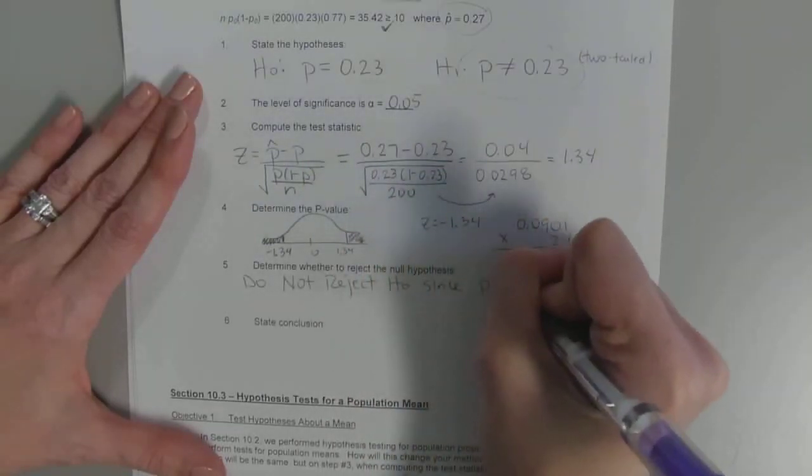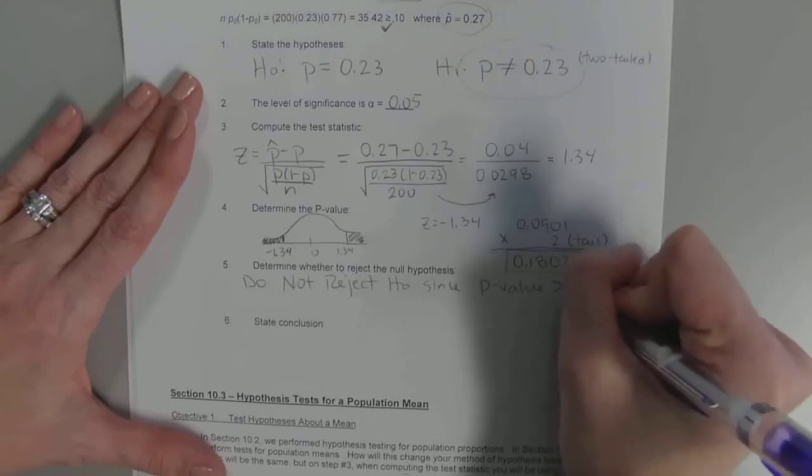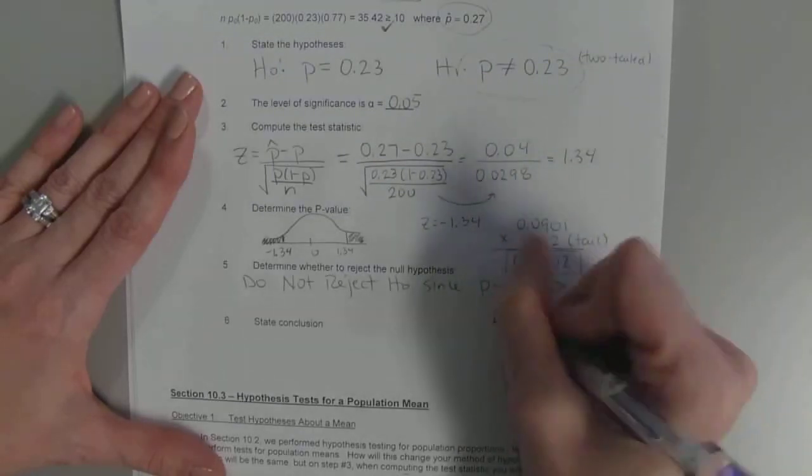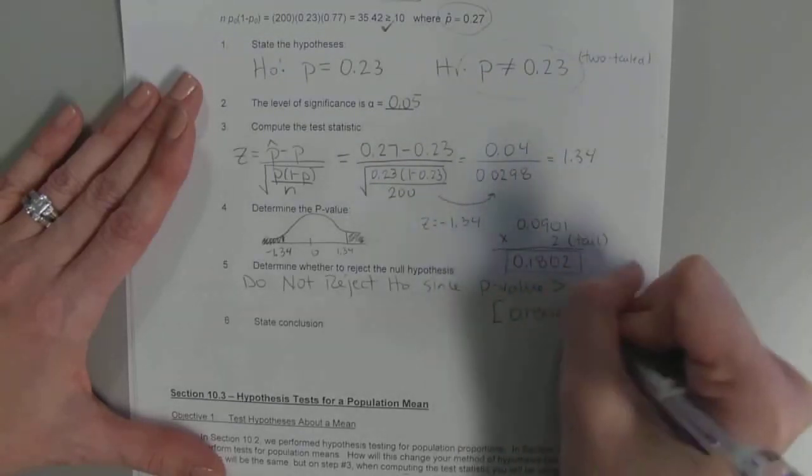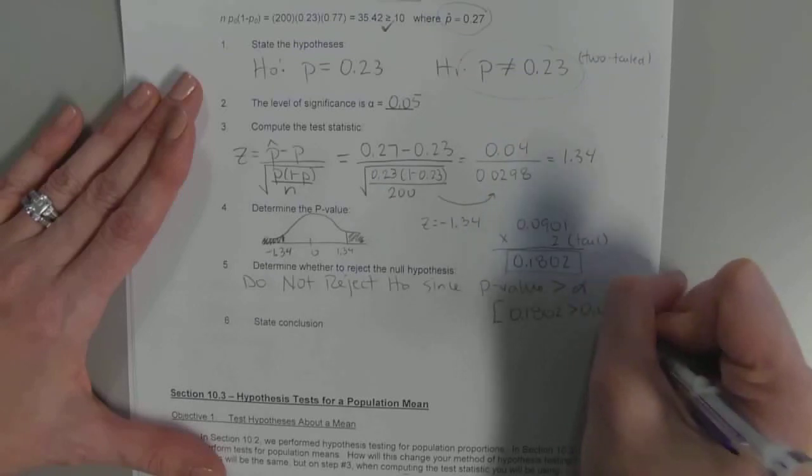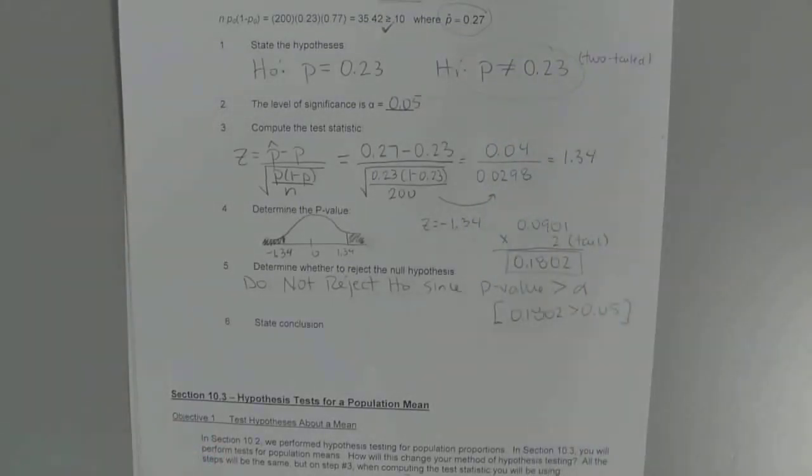Since our p-value is greater than alpha, right? 0.1802 is greater than our alpha of 0.05, meaning it's not that weird. It's not that shady. 23% could be our real percent. We had an 18% chance of getting our proportion of 27%. Not the most likely, but not that unlikely.